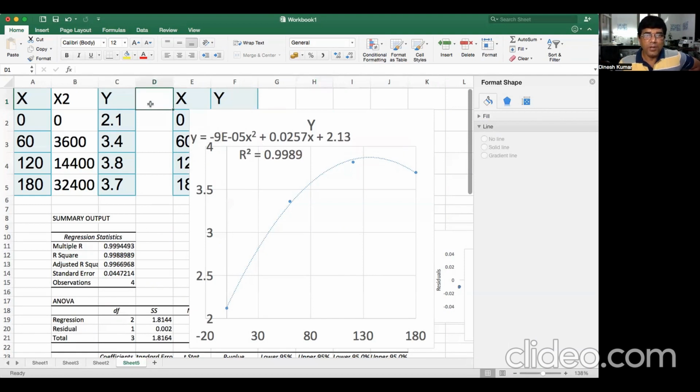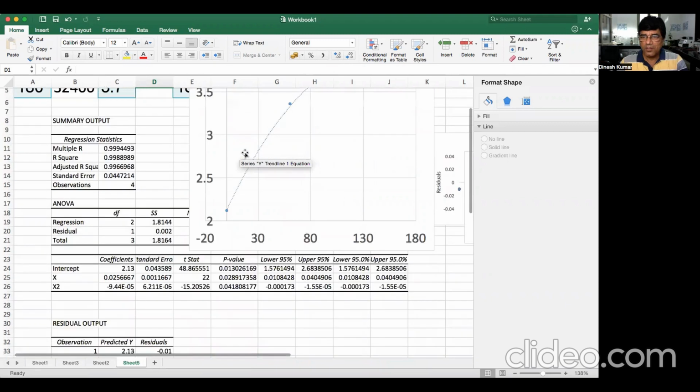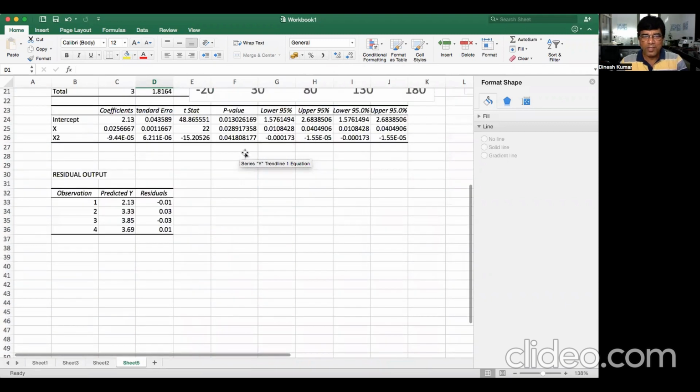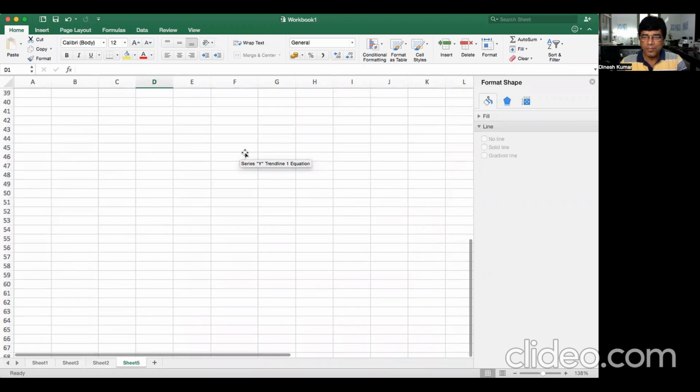If you have any doubt, anything in your mind, you can ask about it. Should I close it, or do you want to know anything more from the Excel file? Should I unshare it, or do you want me to do something more that you could not understand?